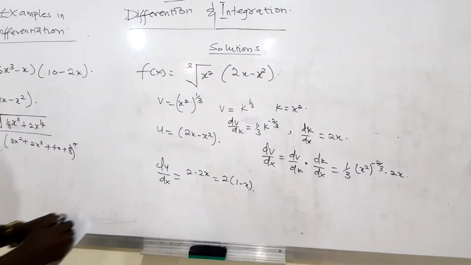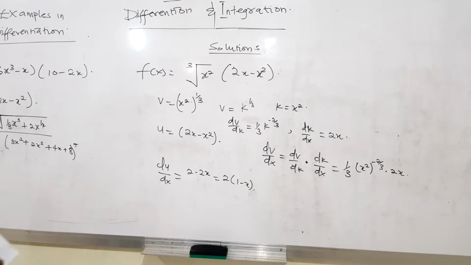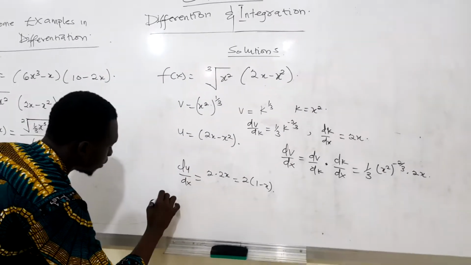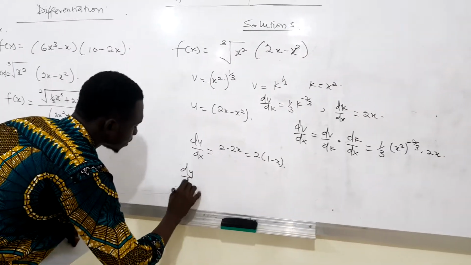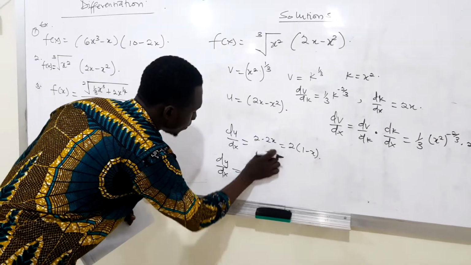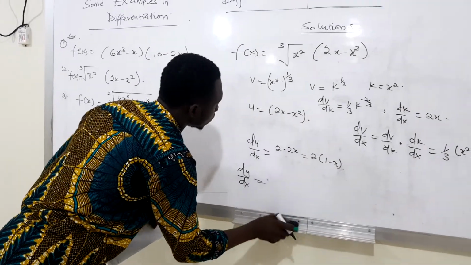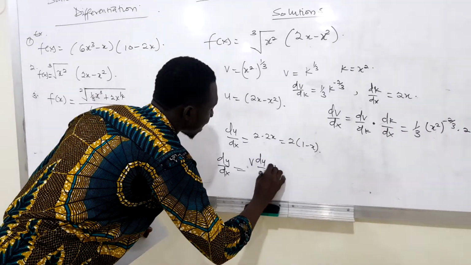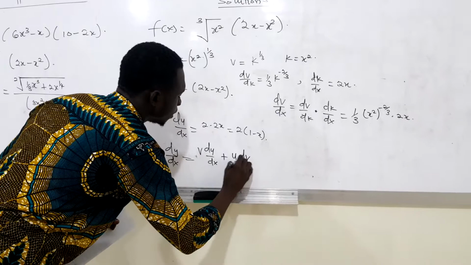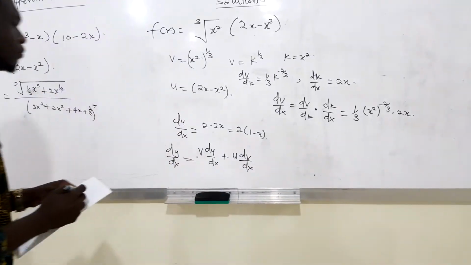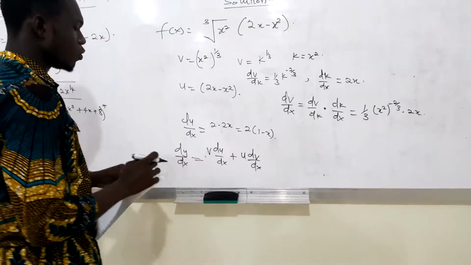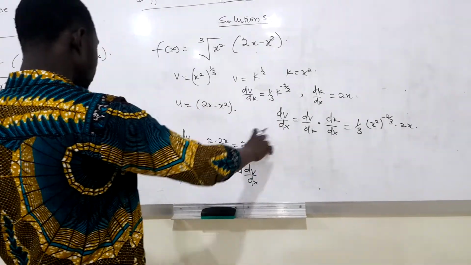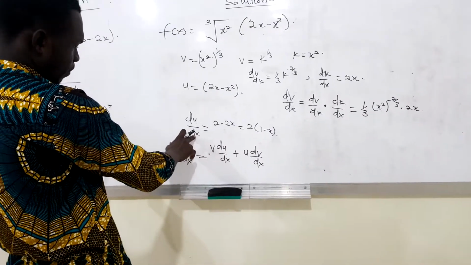Now to find the derivative using the product rule, dy/dx is equal to v du/dx plus u dv/dx. And now we know all of them because we have our v, we have our u, the derivative of v with respect to x and the derivative of u with respect to x.